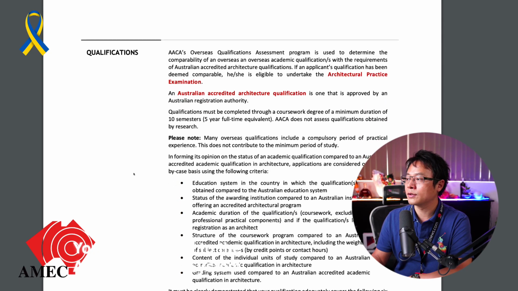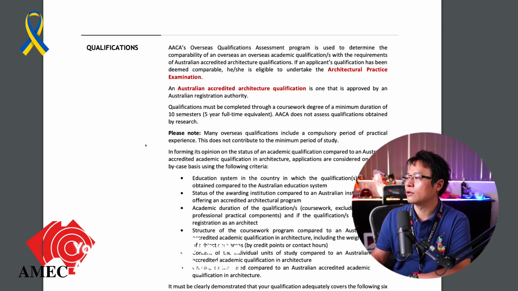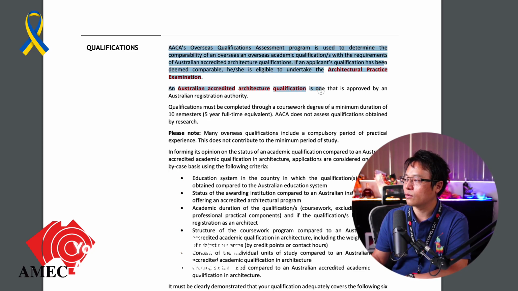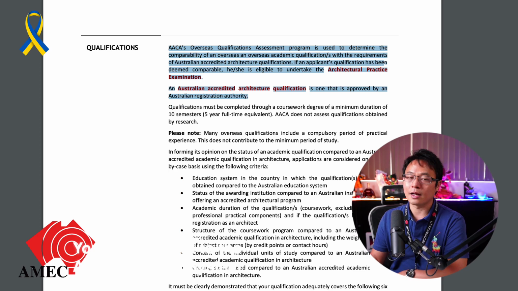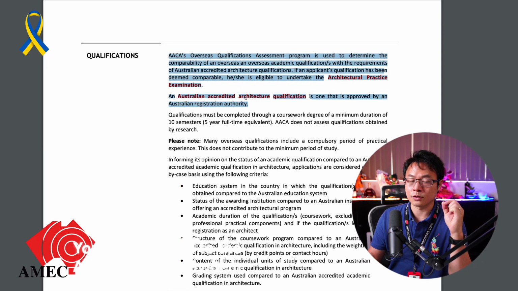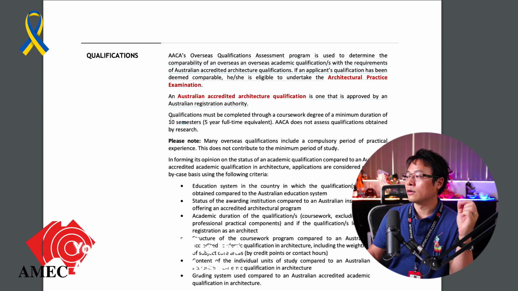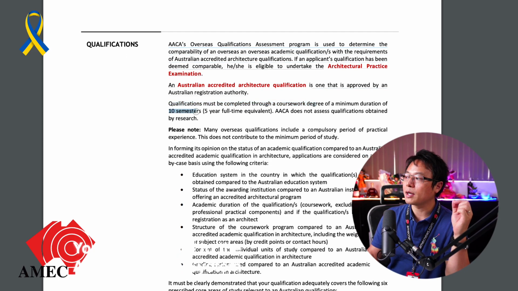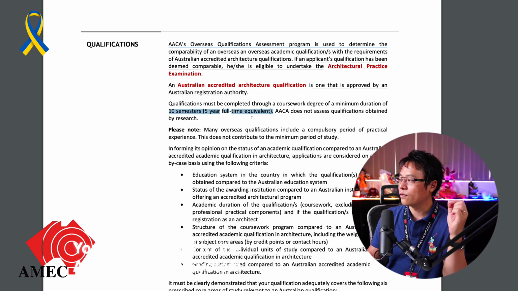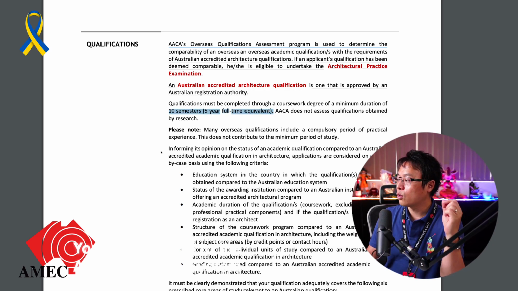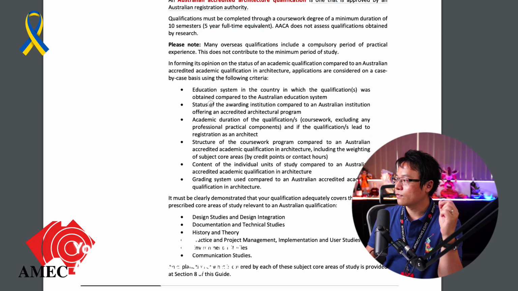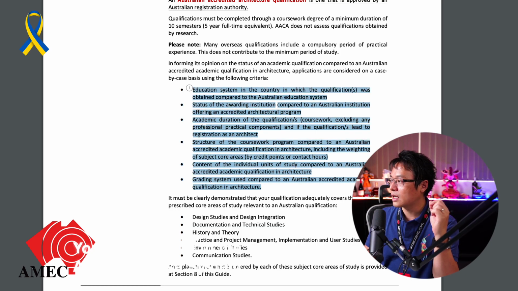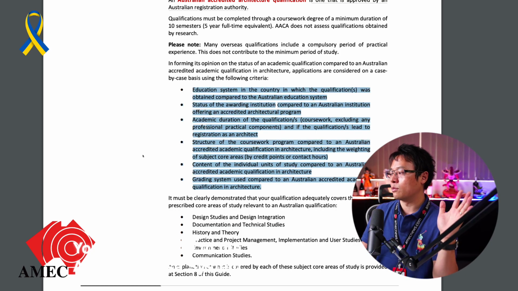So qualification wise, they're basically looking to match whether you have accomplished those required subjects that a generic accredited course in Australia would have done. So look, the qualification must be completed through a coursework degree, minimum duration of 10 semesters, 5 years full-time equivalent courses, and they basically go through every single detail, which I'm not going to go through today because that's going to take a very long time and be very boring for this video.